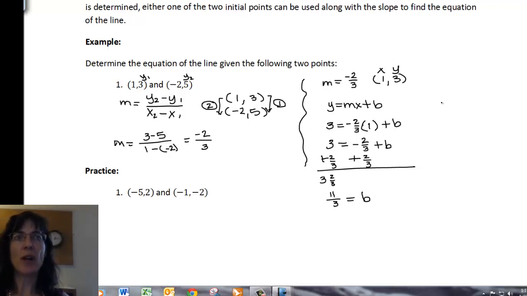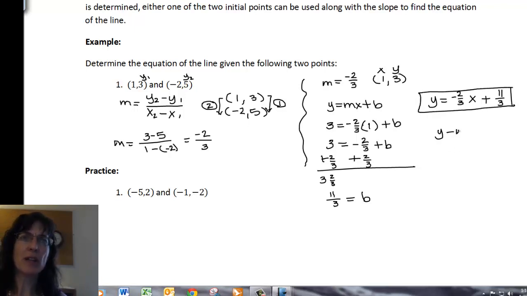And then I can write my slope-intercept form very quickly. Y equals negative 2/3, that's my slope, x plus, and it was a positive 11/3. And there's my equation.